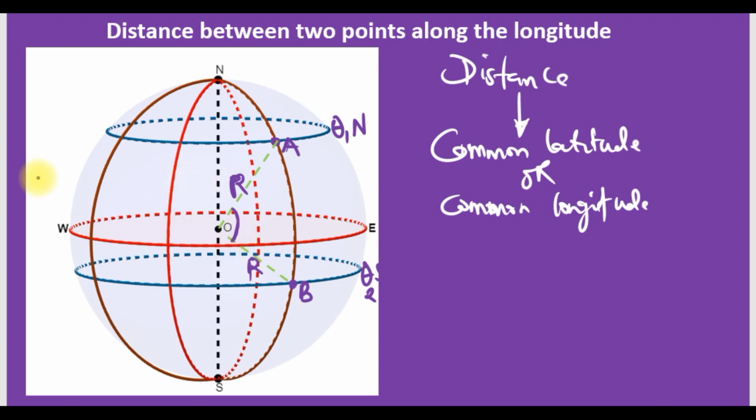And how do you do it? Common sense will tell us that since they are of different hemispheres, north and south, the angle here is the addition of these two angles, theta 1 plus theta 2.